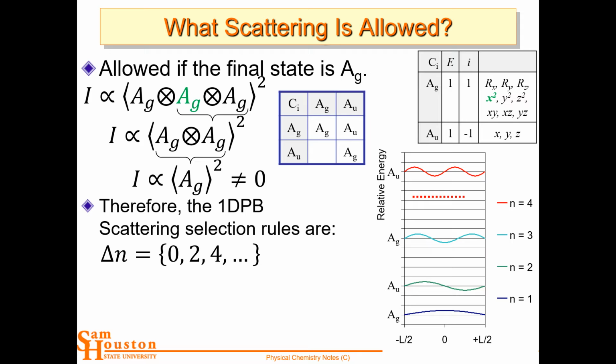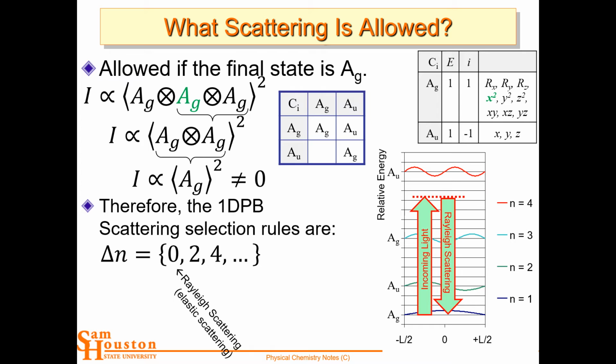And notice that the ground state back down to the ground state would be allowed. So AG to AG, and that would be elastic scattering. So this delta n equals 0 would be Rayleigh scattering, which is elastic scattering. And so that's a picture of Rayleigh scattering. And then the inelastic Raman scattering would be this one up here.